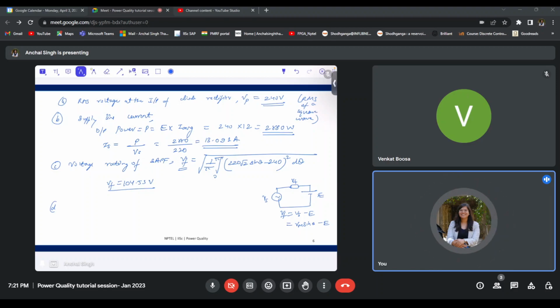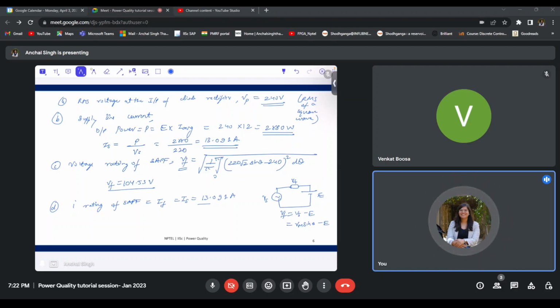Now, the D part of the question was finding the current rating of the series active power filter, which is IF, which is equal to IS, because it's a series circuit. So it will be equal to 13 amperes.